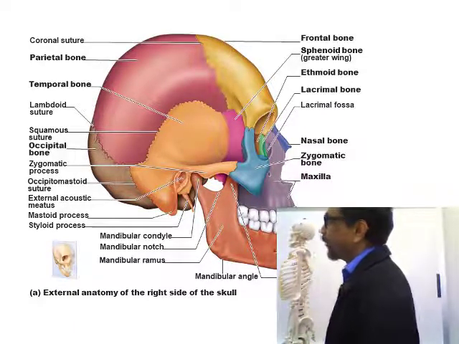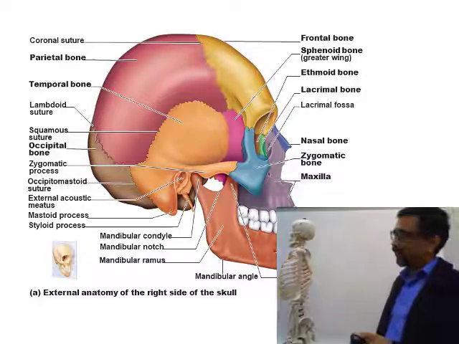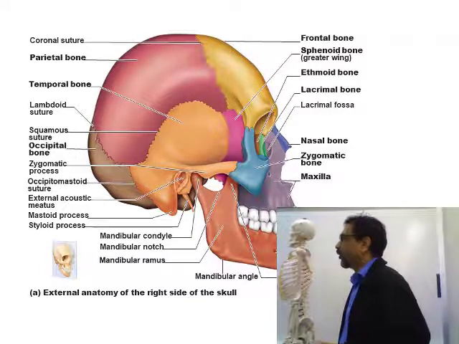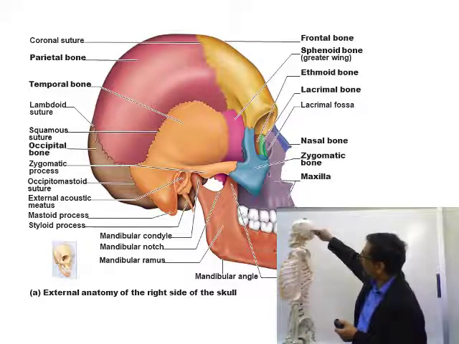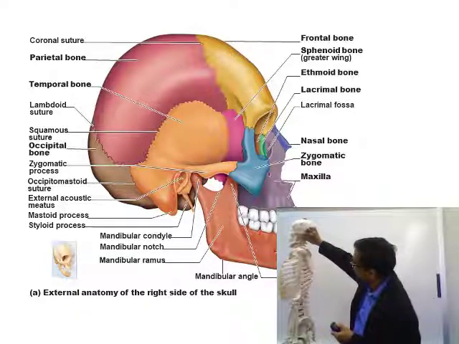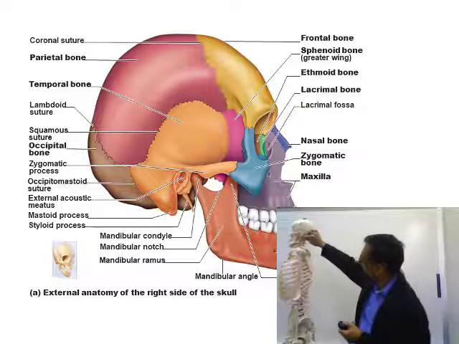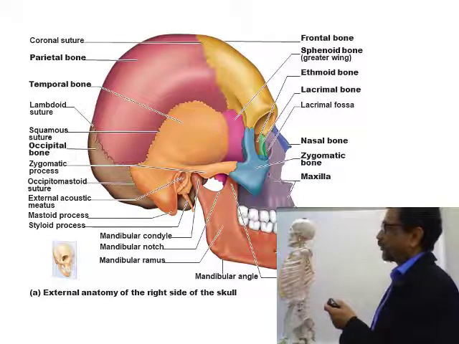You see the occipito-mastoid suture. If you look at the left, 1, 2, 3, 4 from the bottom, occipito-mastoid here. This is the occipital bone, and this is the mastoid process of the temporal bone. So that's why this suture is called the occipito-mastoid suture. So those are the sutures in the skull.